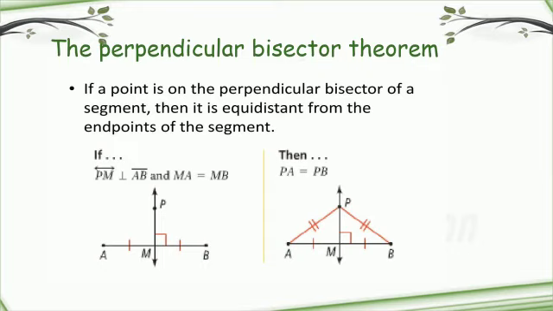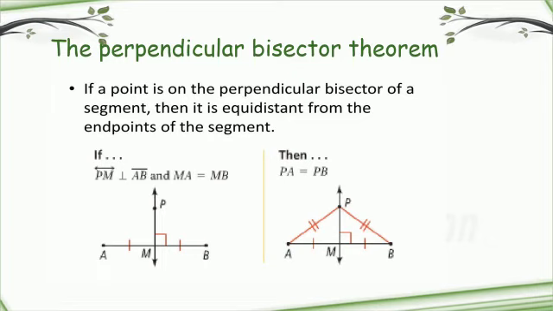So we can say that P is equidistant from the endpoints, which are A and B. So PB is equal to PA.